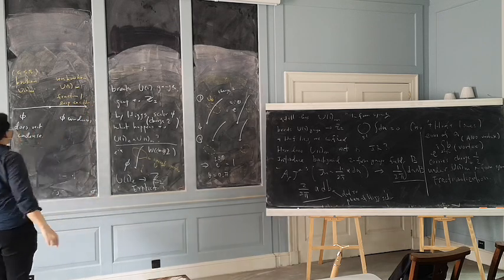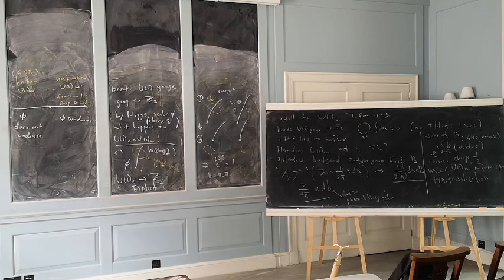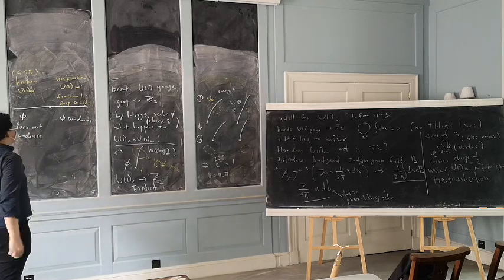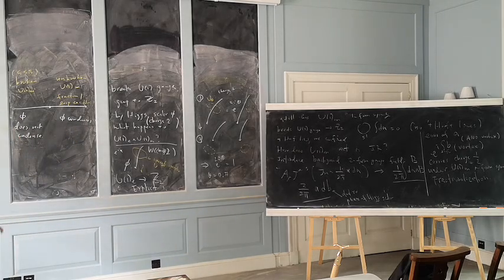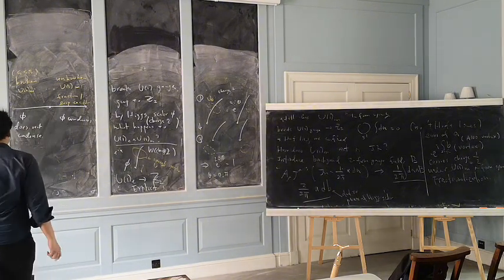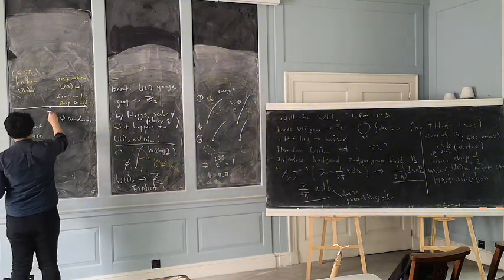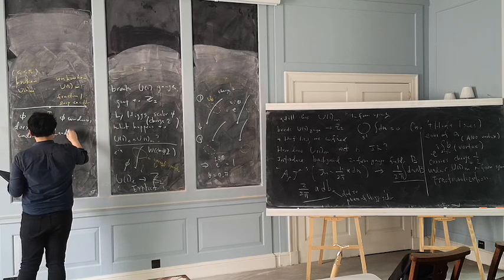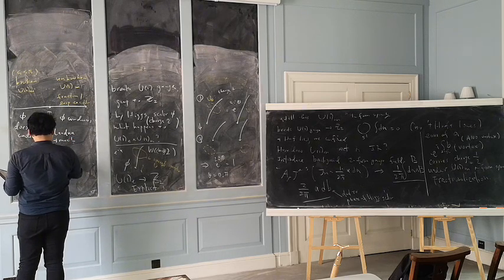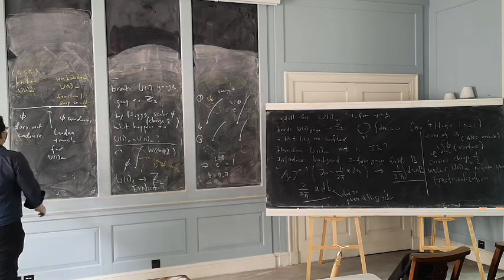And this is an example of a Landau transition for U1 magnetic one-form symmetry. On one side of the transition, you have broken U1 magnetic one-form symmetry, while on the other side, you have unbroken U1 magnetic one-form symmetry. So this is a Landau transition for U1 magnetic one-form symmetry.